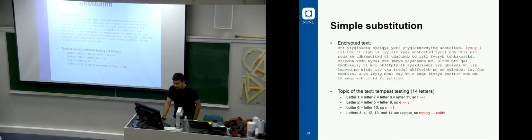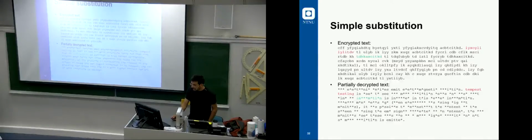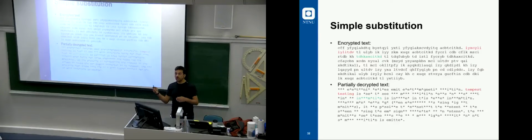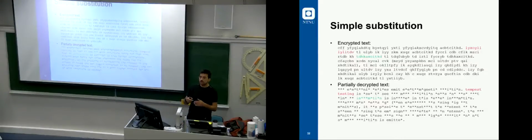Then the second part of that word, IYLITDY, TDV. So it has the same pattern as tempest testing. So I can replace that with tempest testing. While replacing that with tempest testing, I came to know various other characters.